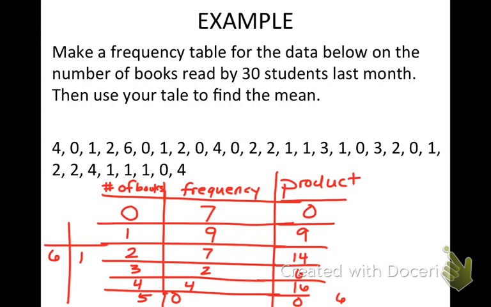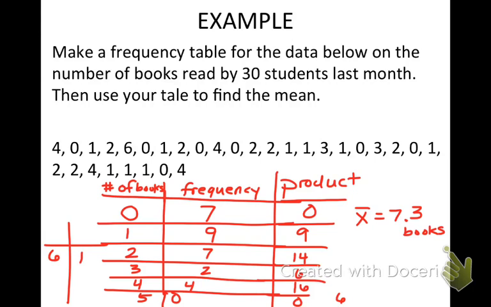So we get 7.3 about. So our mean is about 7.3 books. So we could say, on average, the 30 students read 7.3 books. Okay? So that's how you can use a frequency table. You can list them out, find your frequencies, and then take them as a product.